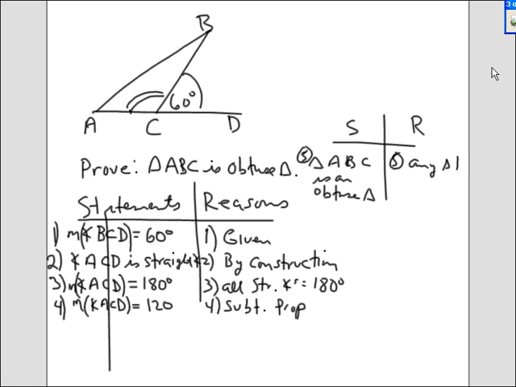Any triangle that has an angle greater than 90 degrees is an obtuse triangle. And there's my proof.